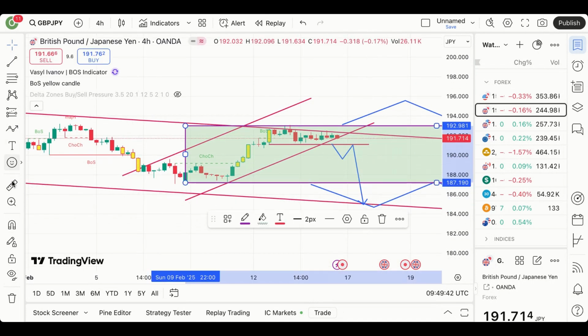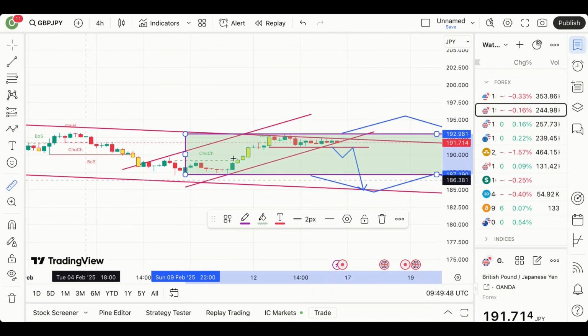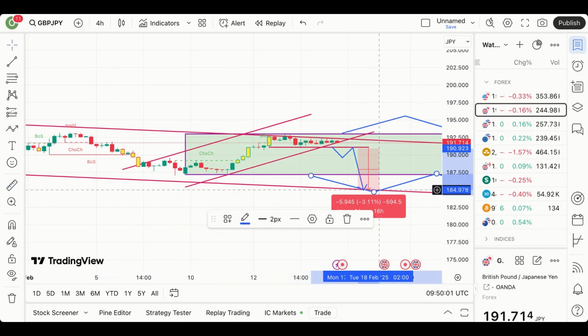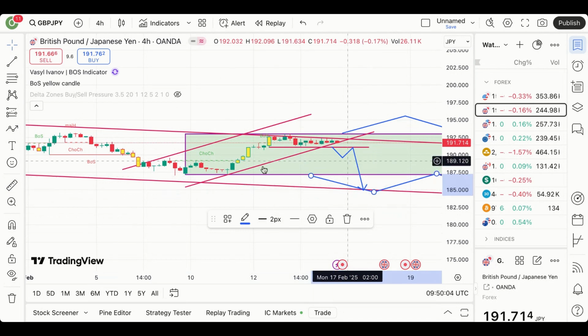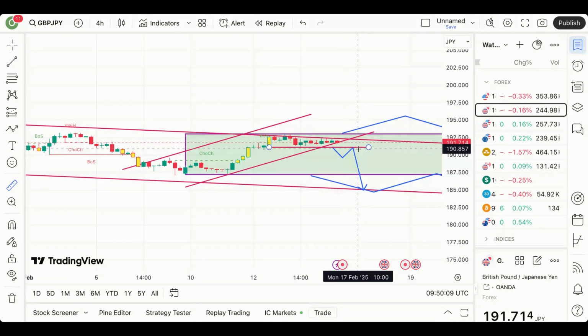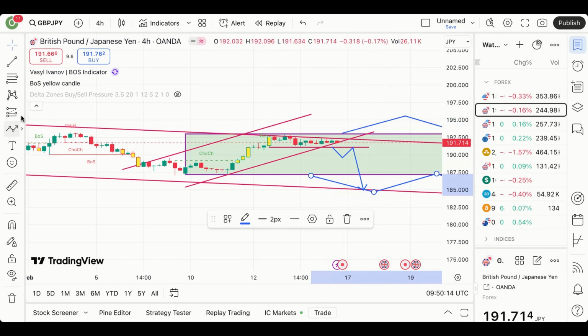We are looking for how many pips here? 600 pips from here, trending downwards. That means if you want to trade 4 hours, we're looking for 600 pips to the downside.